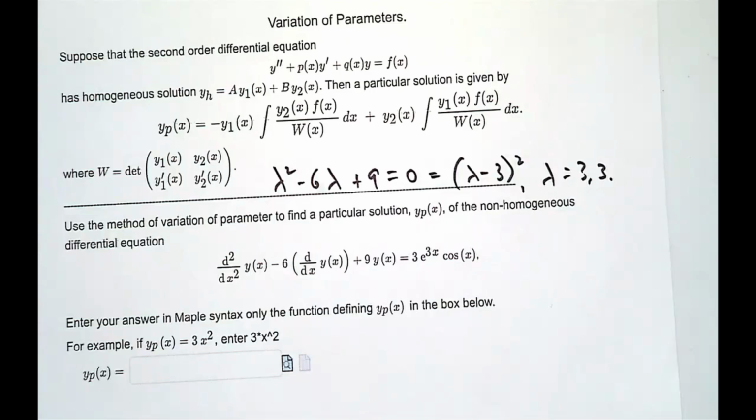So what would the two solutions be that we want to work with in this? Who can tell me? We've got real values for our characteristic equation solution, and they are equal. So what should we write down for our solution to the homogeneous problem?